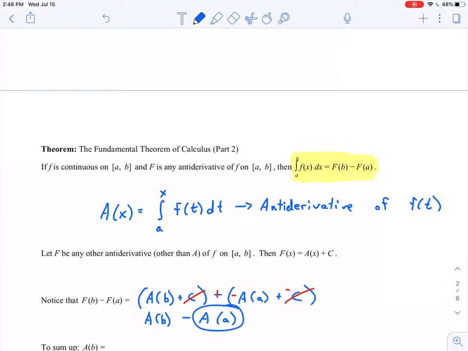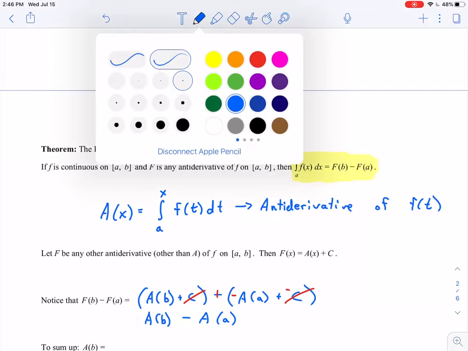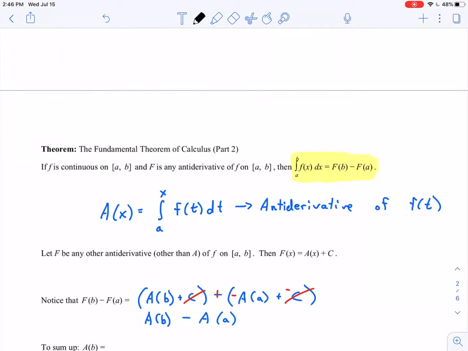I've got to figure out what this guy is. I'm going to take this up here off to the side. A of little a. Remember, capital A is our area function. So this is the definite integral from a to a of f of t dt. And you tell me, well, hold on a second, Mr. H, look at that.